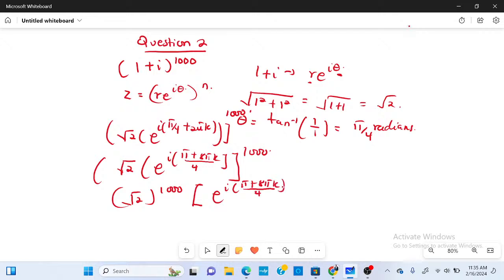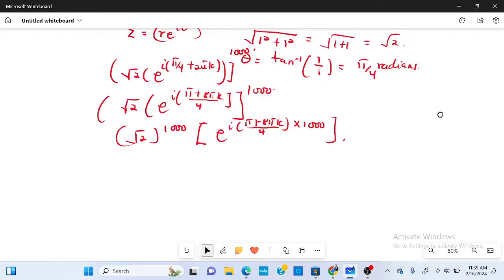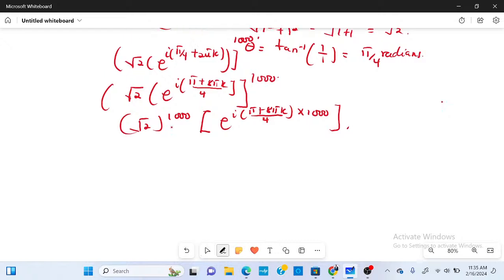Then this 1000 will also multiply what I have here, so times 1000. Then I close brackets. At this point, what's the square root of 2 to the power 1000? You know the square root of 2 is the same as 2 to the power half, multiplying 1000.